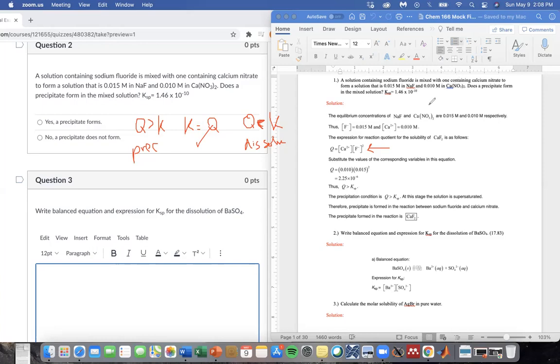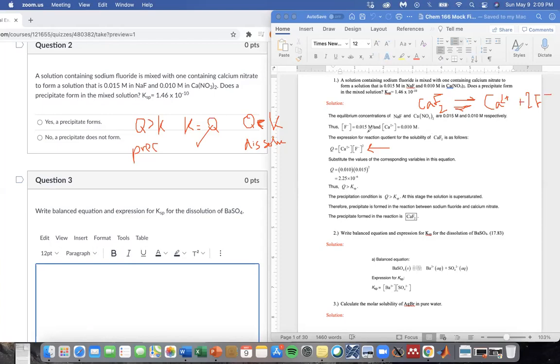But CaF2 is a precipitate. So the chemical reaction that your KSP is based off of is CaF2 going to Ca2+ plus 2F-.